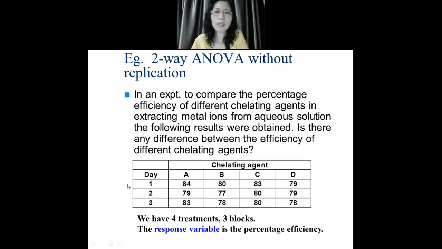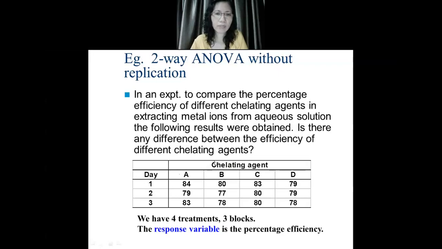So we have 4 different types of chelating agents, A, B, C, D. This experiment was conducted in 3 days. Day 1, we have the 4 chelating agents. Similarly, day 2 and day 3. So we have 4 treatments and 3 blocks. What is the response variable? It is the percentage efficiency of the chelating agent.